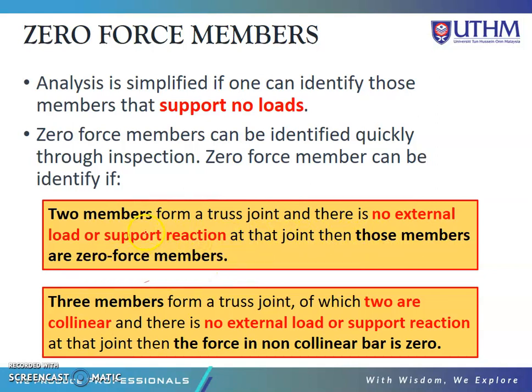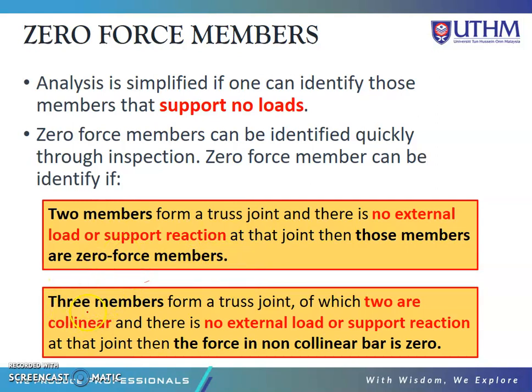Bila mana dua member membentuk truss joint di hujungnya, dan tiada external load ataupun reaction dekat joint, maka dua member ini menjadi zero force member. That is the first point.